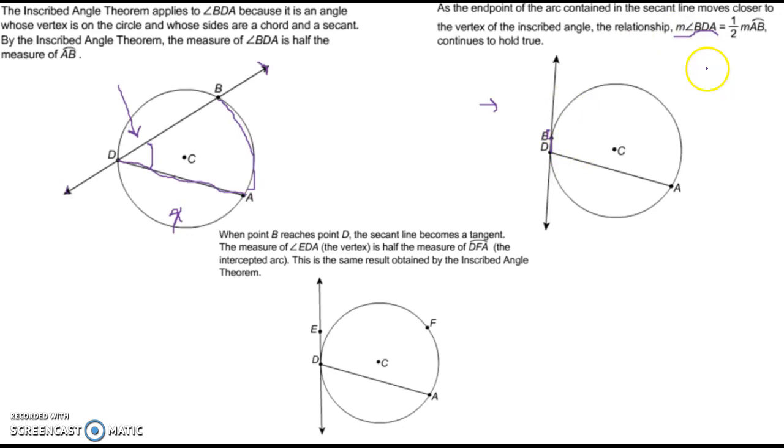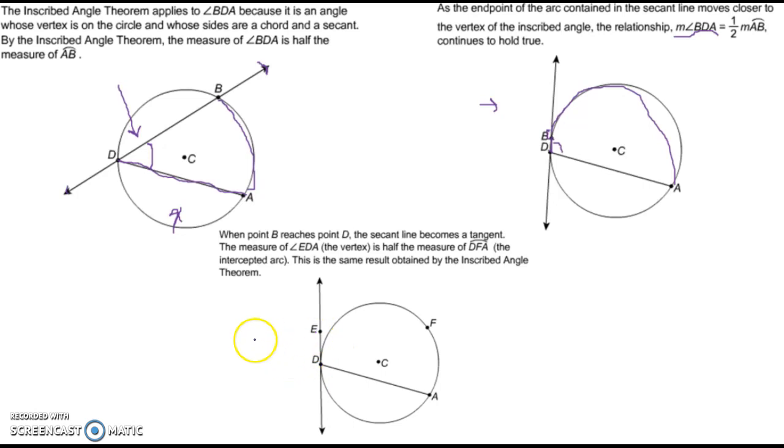And that rule still holds true, where the measure of angle BDA is still going to be half of whatever arc AB is, as long as this secant line is touching the circle twice, which it is here. And the only reason we really know that is because they have those points B and D marked.